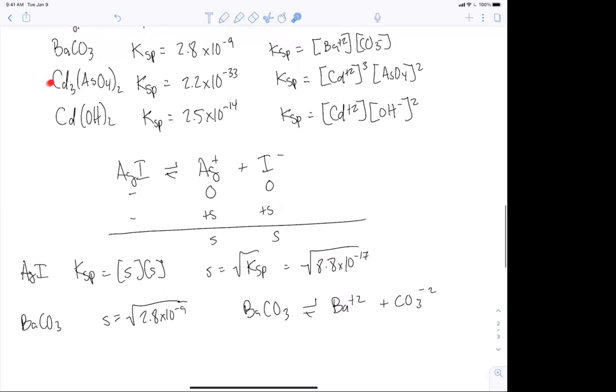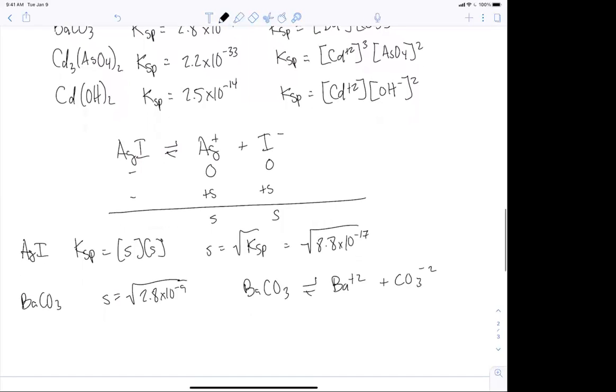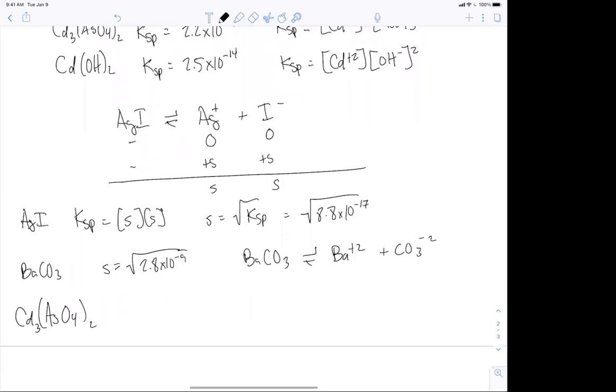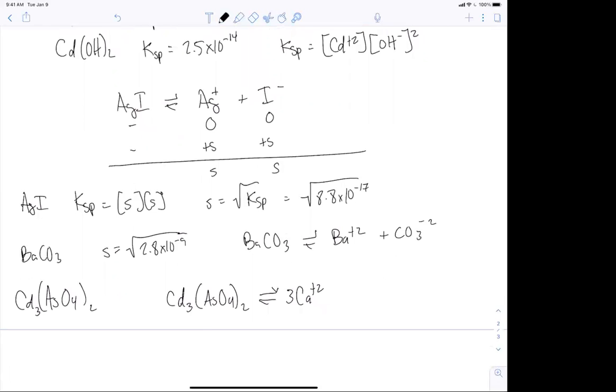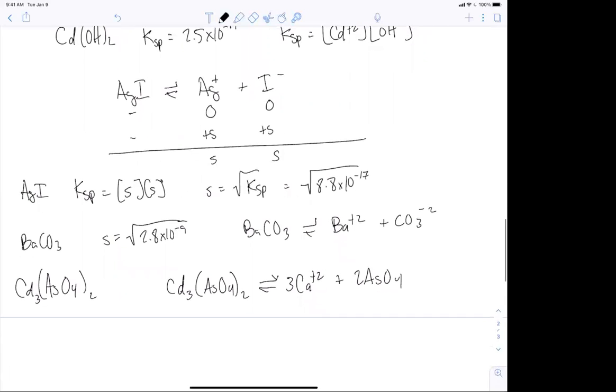But when we get down here to look at cadmium arsenate, now when I write out my expression for it, I see that I pick up this 3 as a coefficient on the cadmium and a 2 on the arsenate.